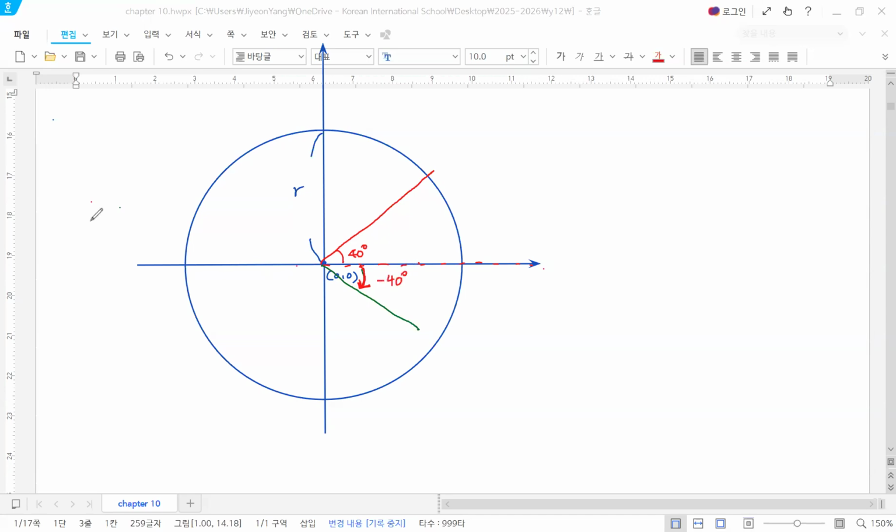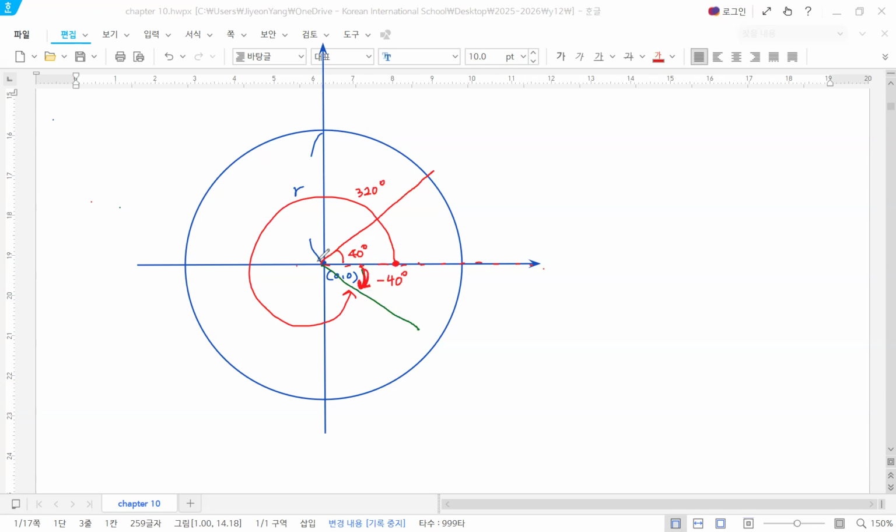However, of course, I can measure this angle from here, following anti-clockwise in this way, right? Considering one revolution of a circle is 360, it should be 320 degrees, because this angle size is 40 degrees.